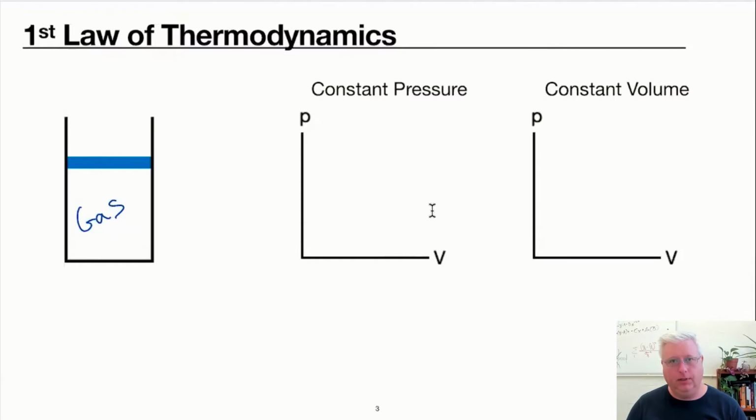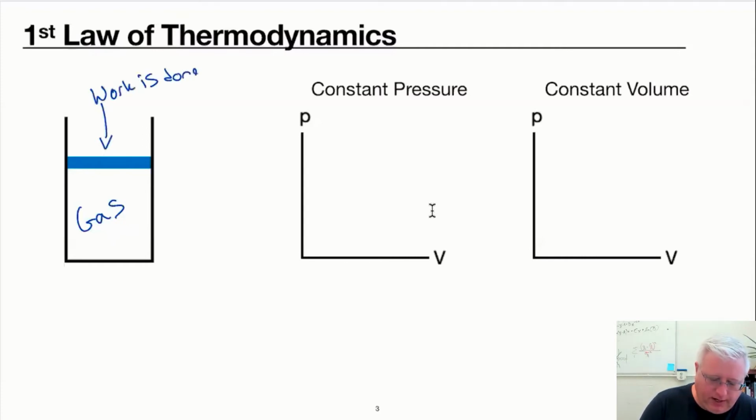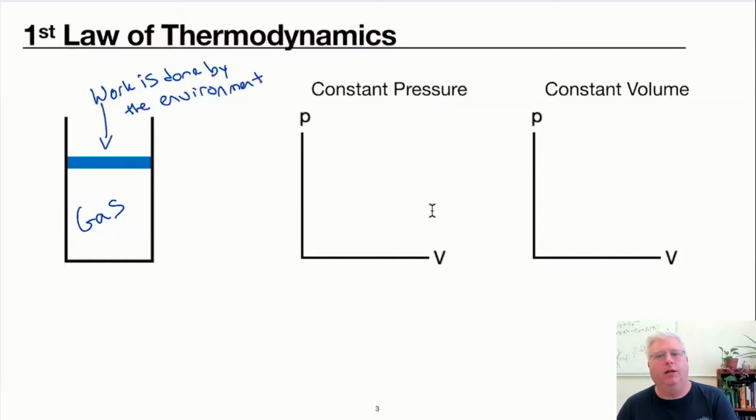Okay, that's important. Okay, so we could say work is done by the environment. I want to point that out because you may want to think of the work being done as being done by the piston itself.